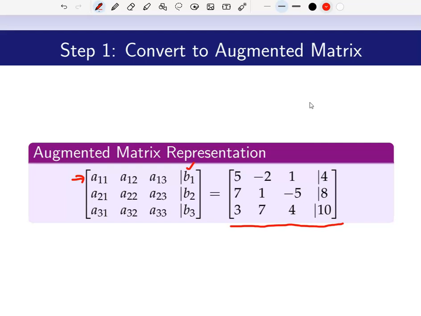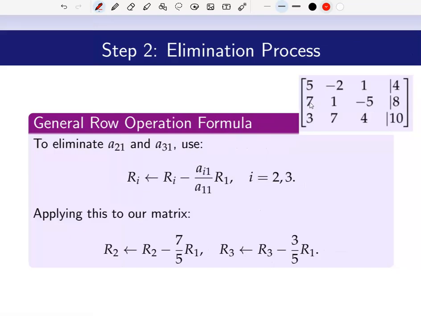So our target is to make this element 0, this element 0 and this element 0. For that we have to do the row operation. Our aim is to eliminate these elements, making them 0.